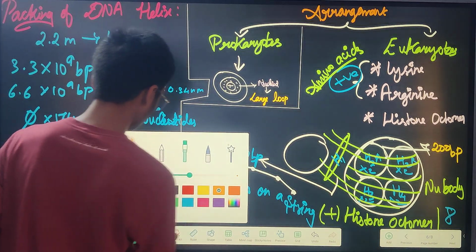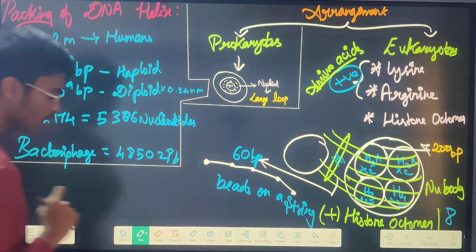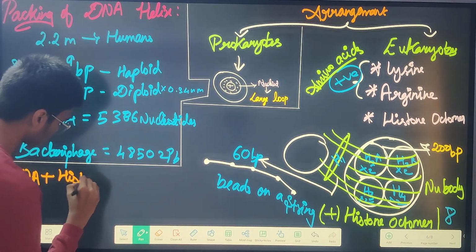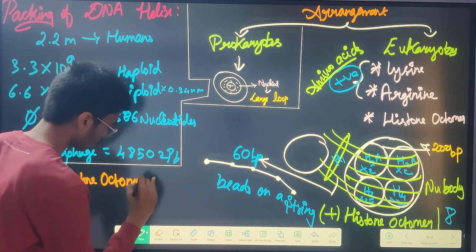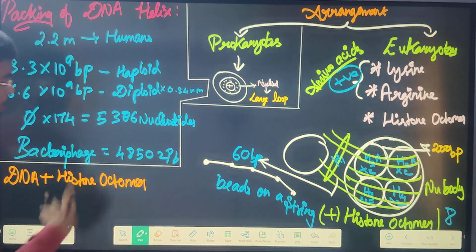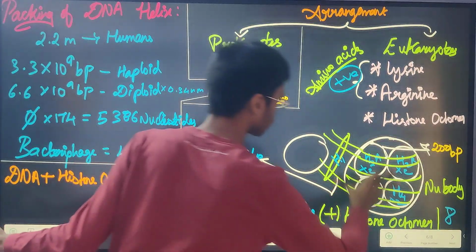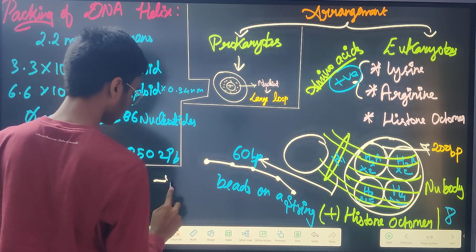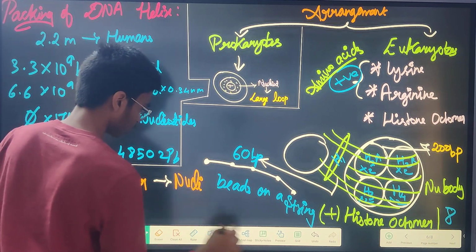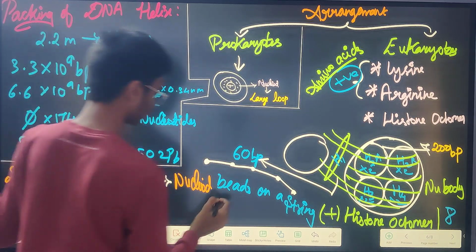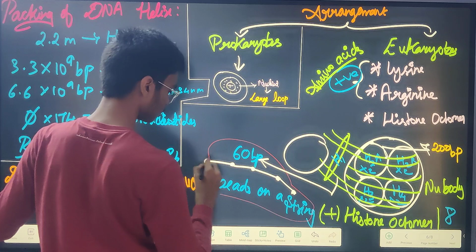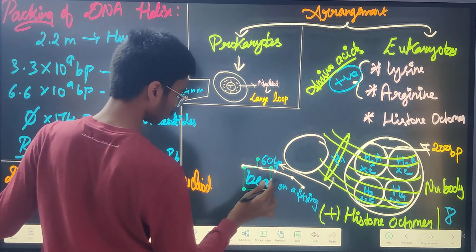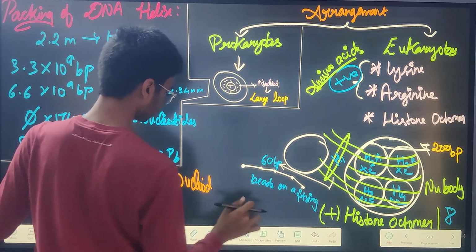Now we are going to check the order. First, the DNA: when this DNA is with this histone octamer, or nucleosome, DNA plus histone octamer, what will it give us? The nucleosome.